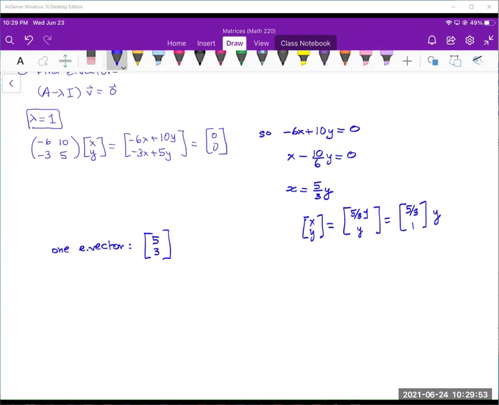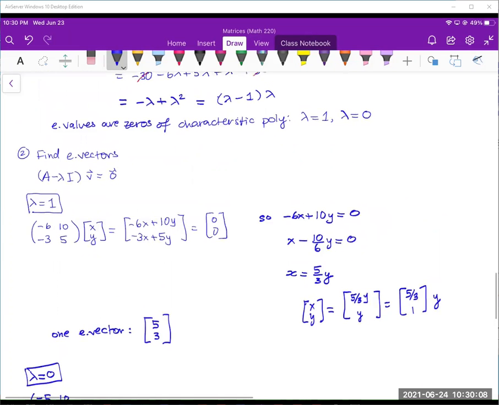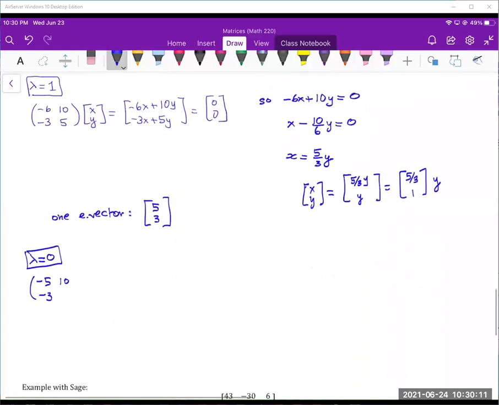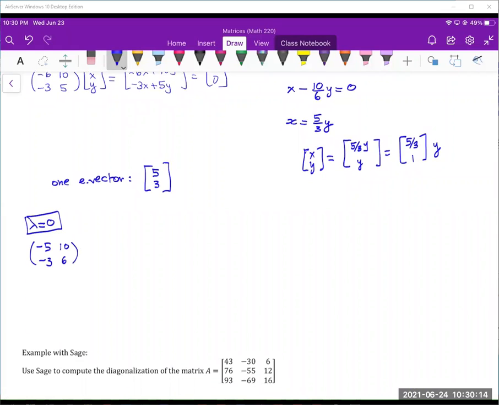Next up, let's look at lambda equals 0, our second eigenvalue. Our matrix here was -5, 10, -3, 6, times (x, y), which gives us -5x plus 10y, -3x plus 6y. These are definitely multiples of each other.